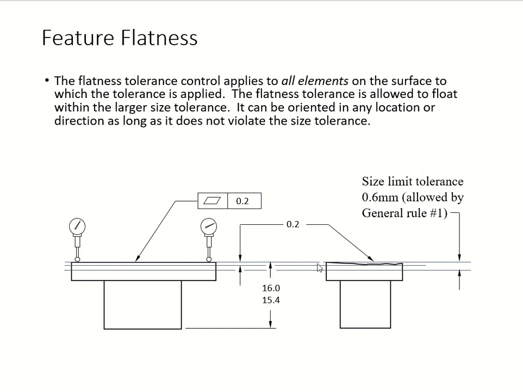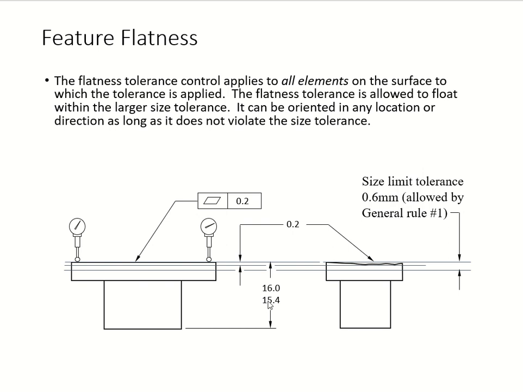Alright, so the flatness tolerance is allowed to float within the larger size tolerance. Here you can see your dial indicator right there, and here you can see the flatness symbol, and then you have 0.2 for the flatness tolerance for this feature, which is your surface. Of course, your size limit is given here for you, from 16.0 to 15.4 right there.